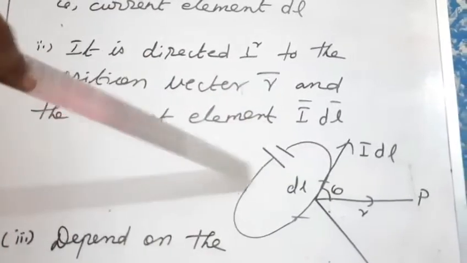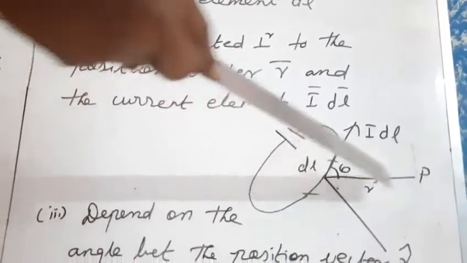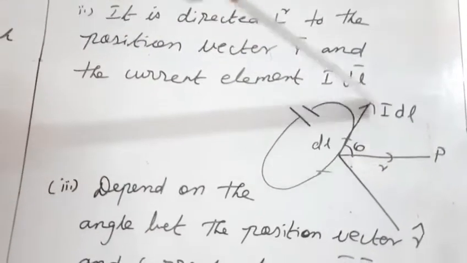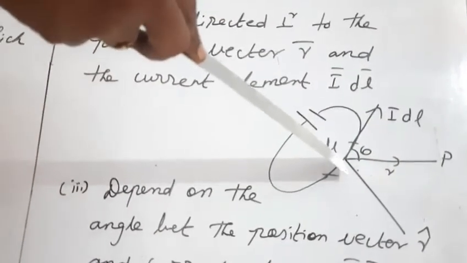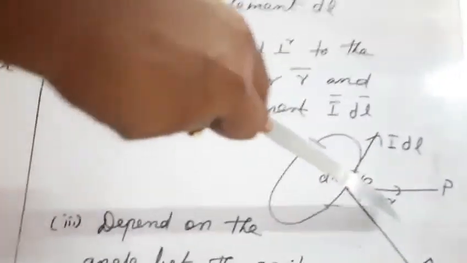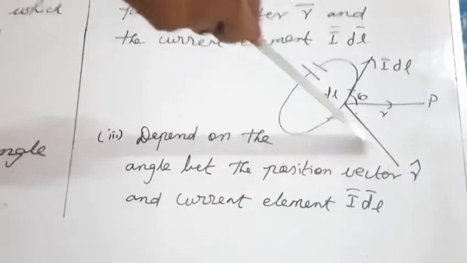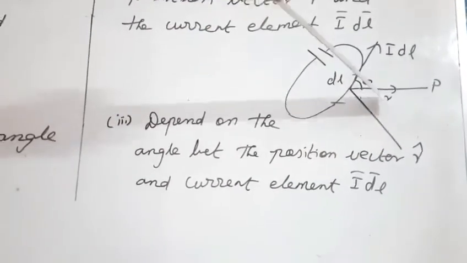In this diagram, this is point P and this is dl, and the position vector direction is in this direction. Since dl and r are perpendicular, the vector formation is like that.